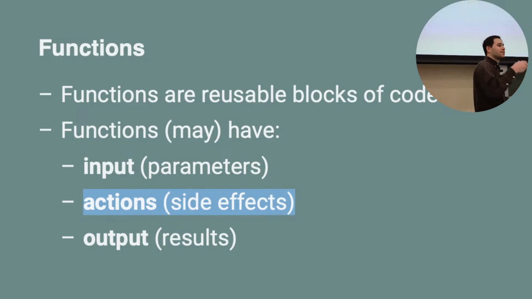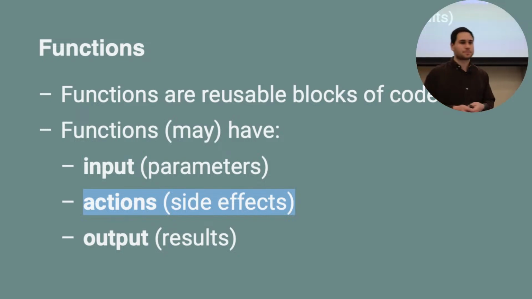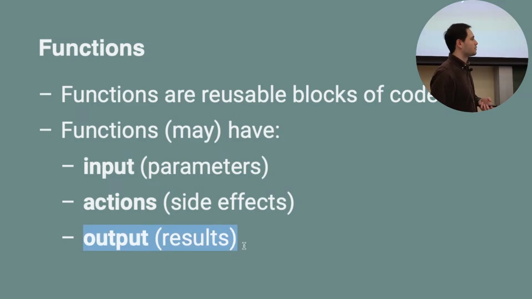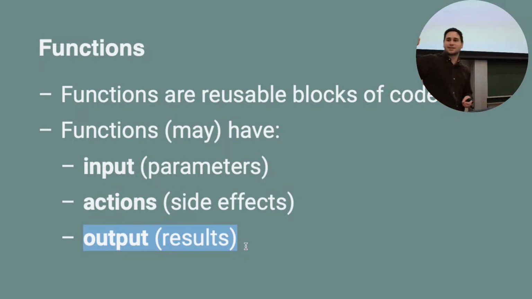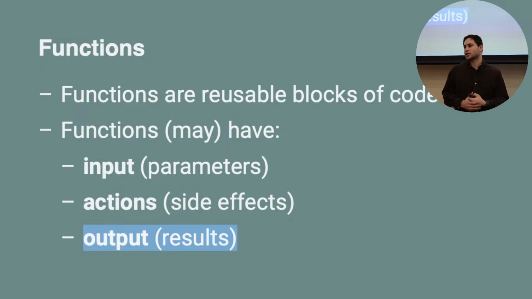Or in other words, the function had to do a certain number of things in order to achieve its goal. So it's got some things to do. And it's got output. Now, output sounds similar to side effects, right? Who's thinking that? So output, what I mean by output is the result of calling a function.